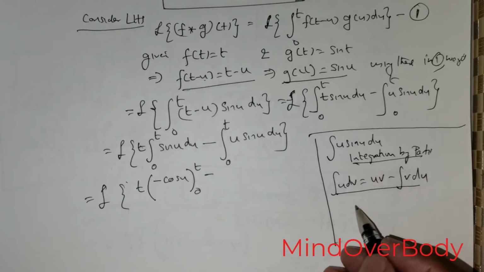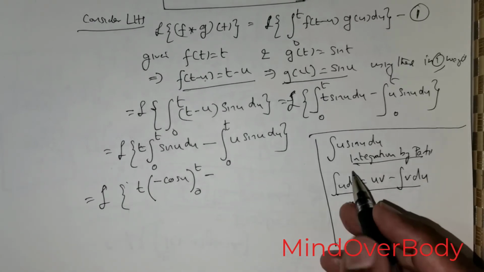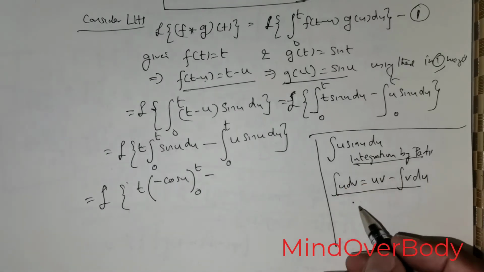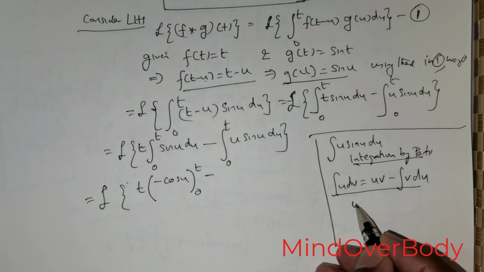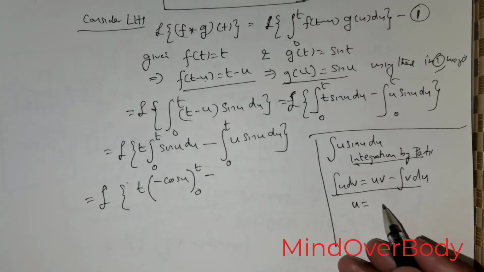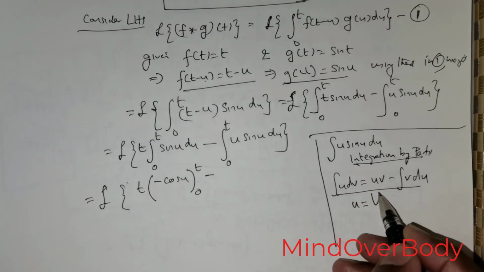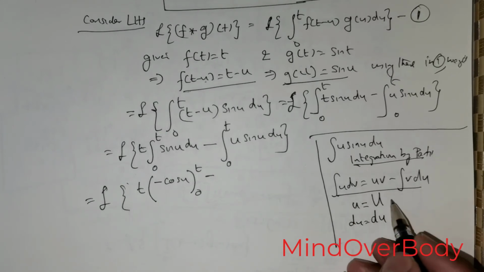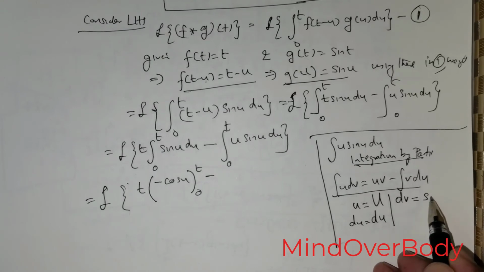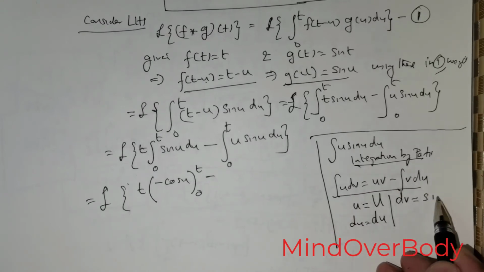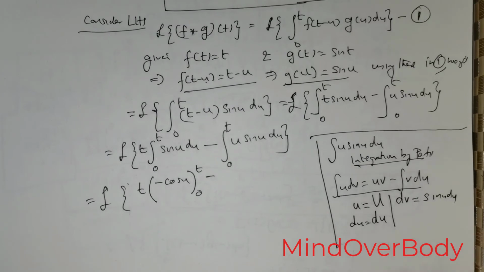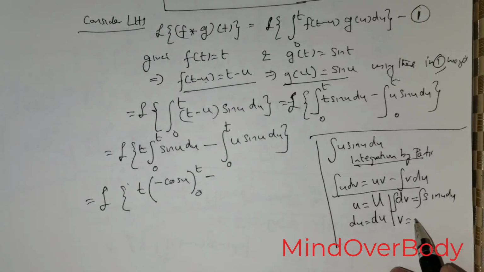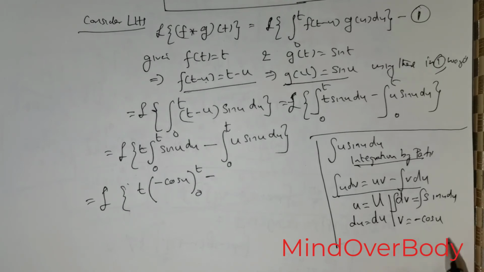Apparently we have variables u and du to handle, so I will take this u to be equal to capital U. So du is going to be equal to du here. So my dv is going to be this quantity sine u du. If you integrate, you get v is equal to negative cos u.